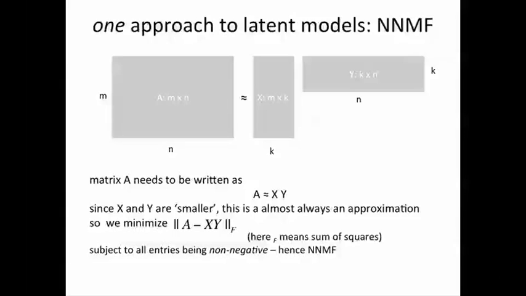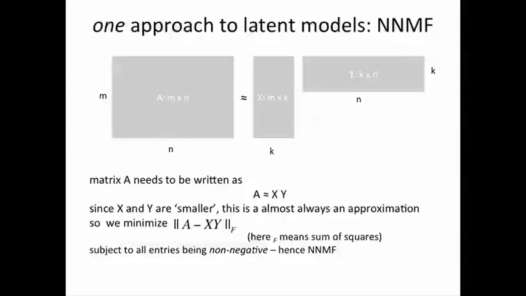The constraint is that these entries need to be non-negative, because it doesn't really make sense to have negative weights. So you can't have a person playing plus 0.5 times science fiction reader and minus 0.3 times technical reader. It doesn't make sense.